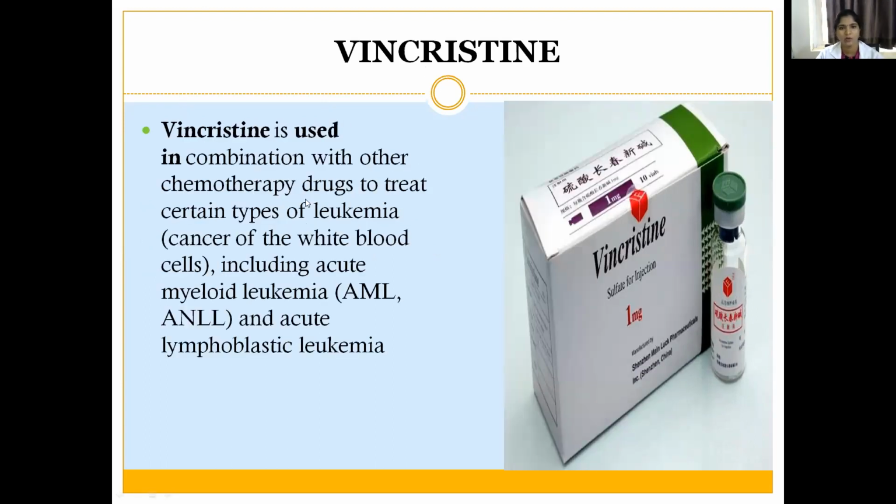It is used in combination with other chemotherapy drugs to treat certain types of leukemias, that is, cancer of the white blood cells, including AML and ANLL. Acute myeloid leukemia is called AML, and acute lymphoblastic leukemia is also called ANLL.